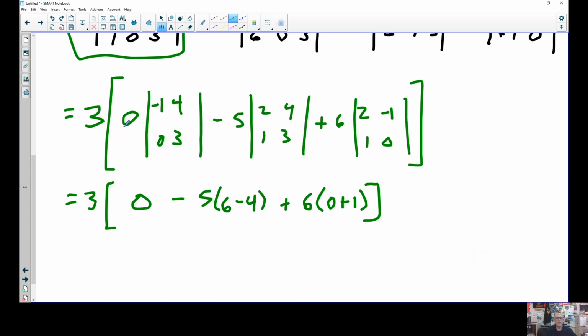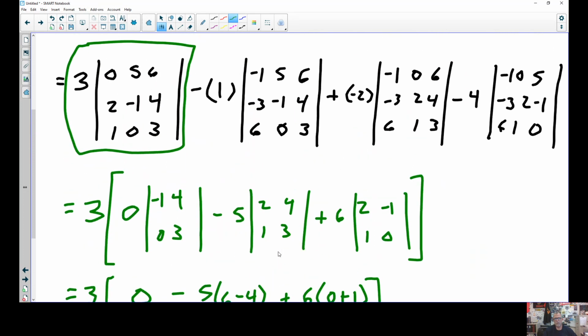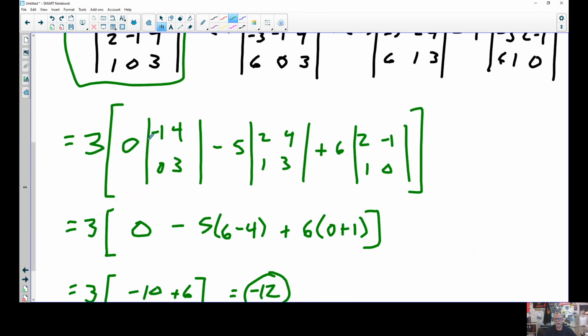We'll do this equal to 3 times, that's going to be negative 5 times 2, so that's negative 10. And then this is 6 times 1, so that's plus 6. So this would equal negative 10 plus 6 is negative 4. 3 times negative 4 is negative 12. So we found the number for this determinant up here. This would be negative 12.